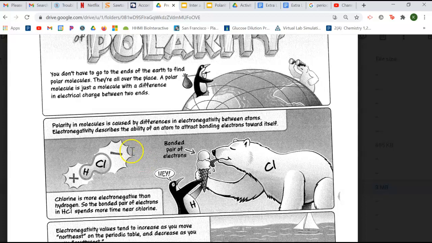And for that reason, you have this region, chlorine, being negative. Remember, electrons are negative. And because electrons are more likely going to hang around the stronger of the 2 atoms, this end of chlorine is negative. And as a result, because the electrons are no longer so close to hydrogen, that becomes positive.